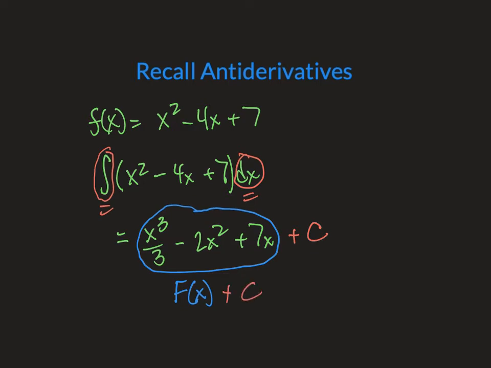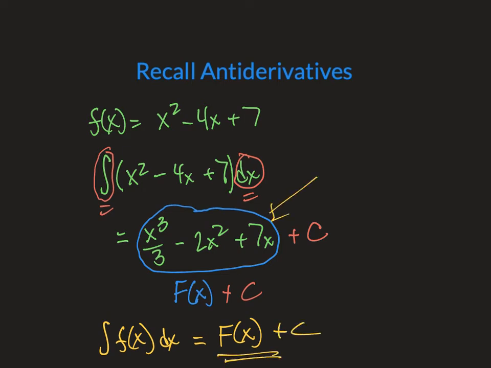So in general, if we are doing an indefinite integral of f of x, the answer is the antiderivative plus that constant c. And this capital F represents that antiderivative work that we did right here. Okay? So capital F has a role there. If it's lowercase f in the function, we use capital F for the antiderivative part. Okay, we're going to need that later, so that's why I brought that up. Let's move on.